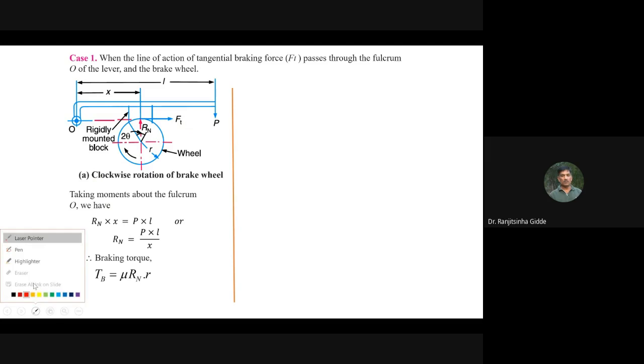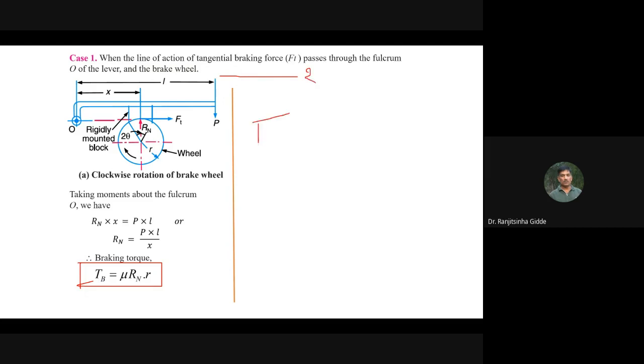So in the examination, they are going to ask like this: when the line of action of the tangential braking force Ft passes through the fulcrum O and the brake wheel, then what is the value of the braking torque?